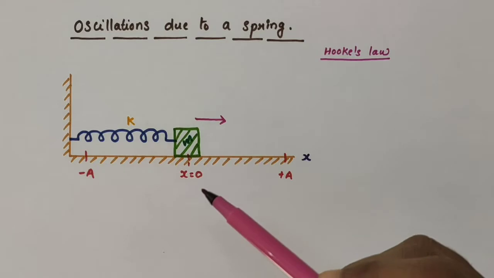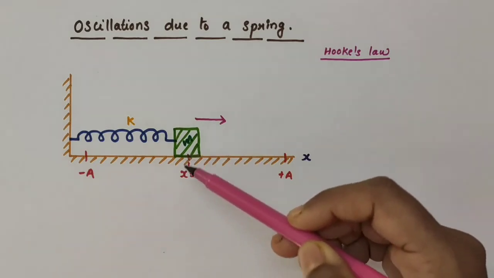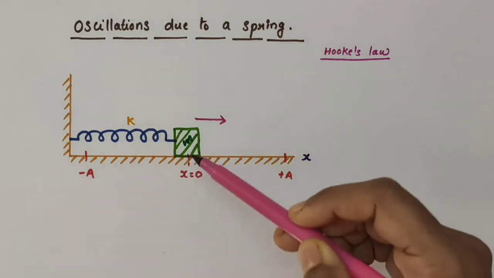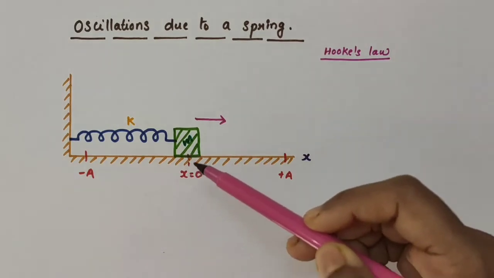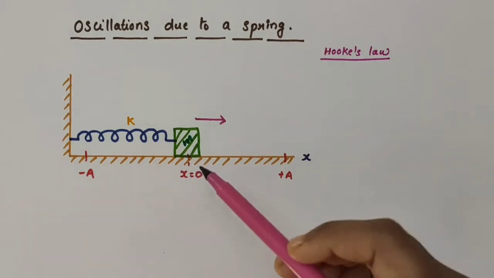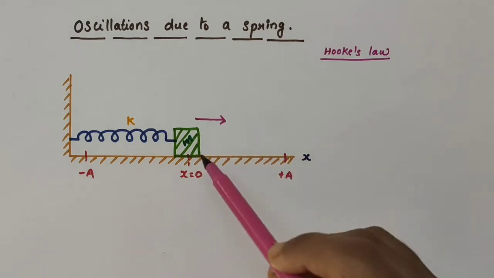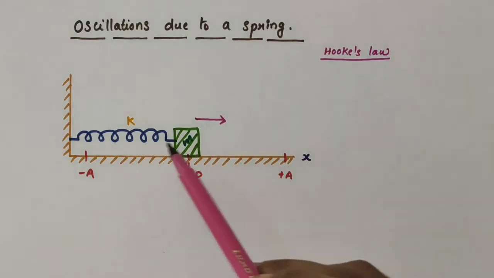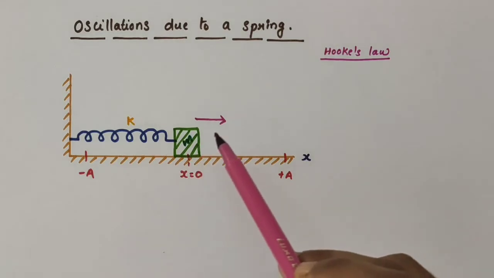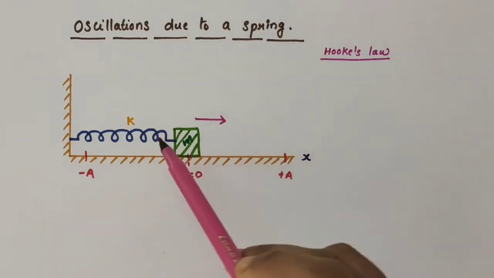Let initially the block be somewhere here at x equal to 0. x equal to 0 is its mean position. Now, when the block is pulled to one side and released, it will execute a to and fro motion about this mean position x equal to 0.